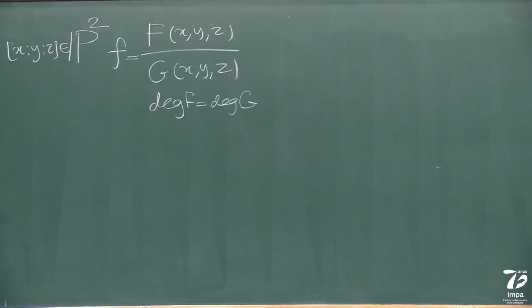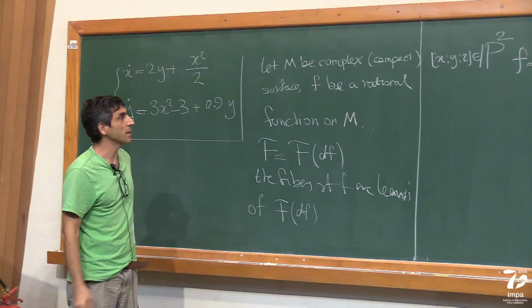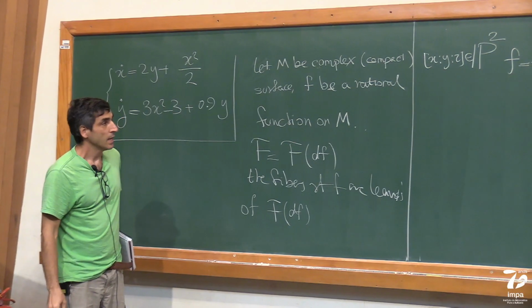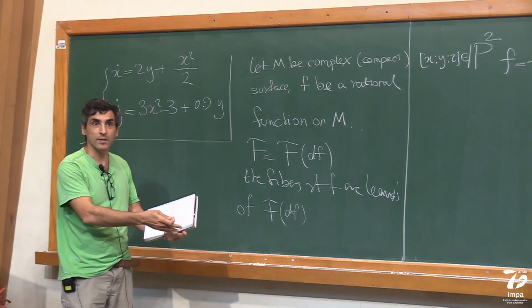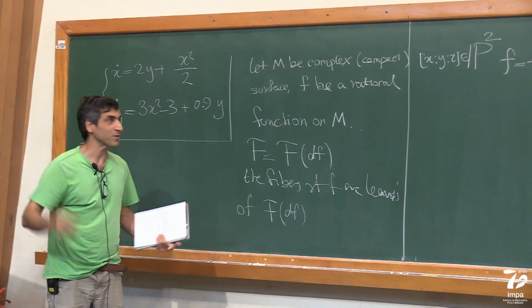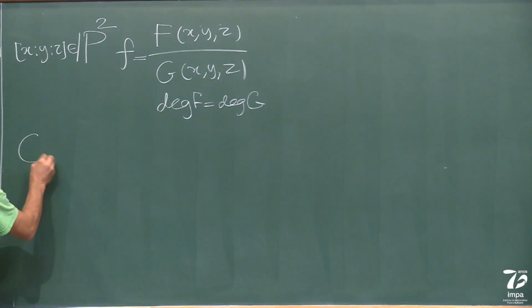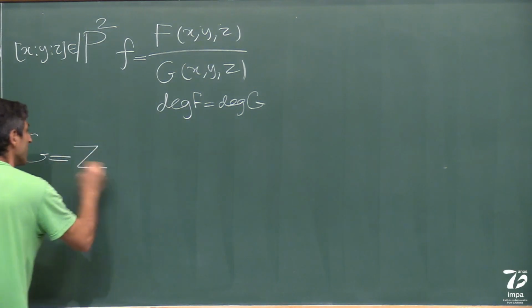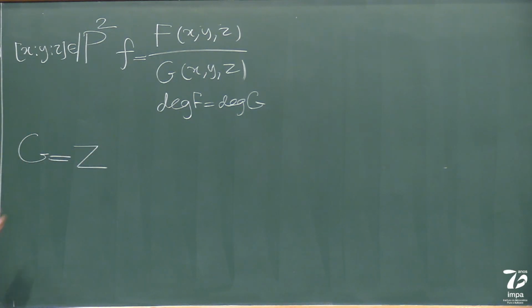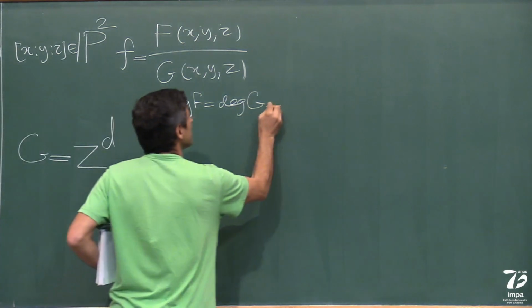The fibration given by f over g is my first example of a foliation. And in order to land on the context of many talks today, simply put g as another monomial, z to the d.